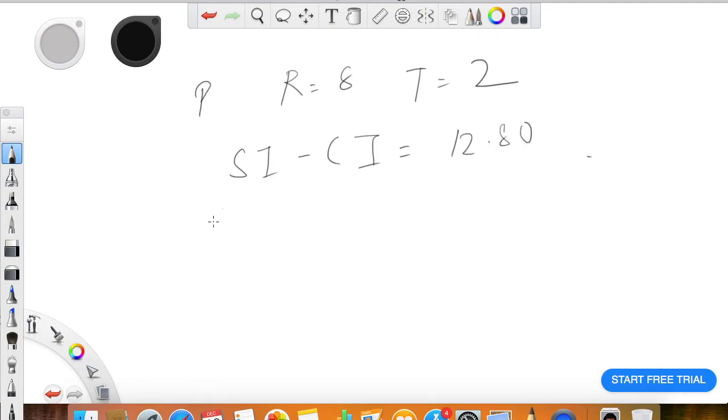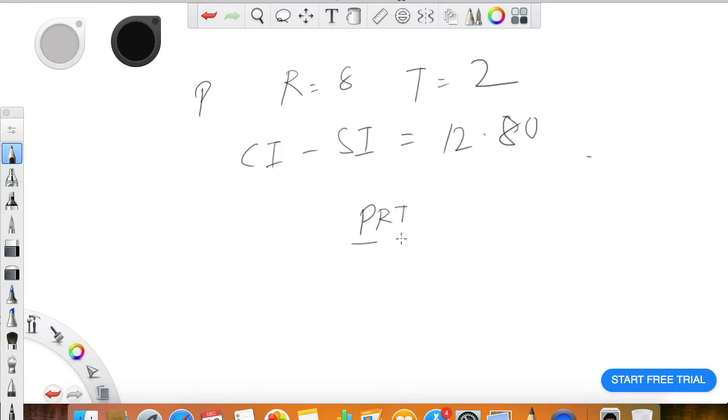Alright, so SI we know the formula. Actually, CI will be more, so it would be the opposite: CI minus SI equals 12.8. Right, so we know the formula for SI, which is PRT by 100.